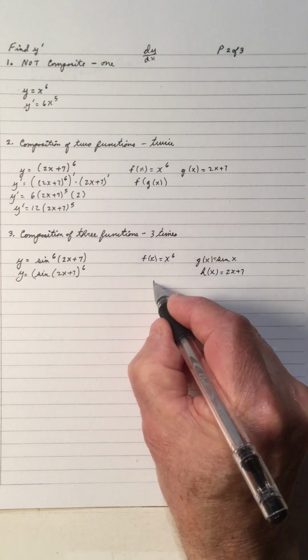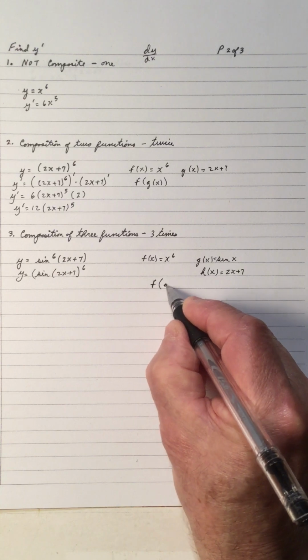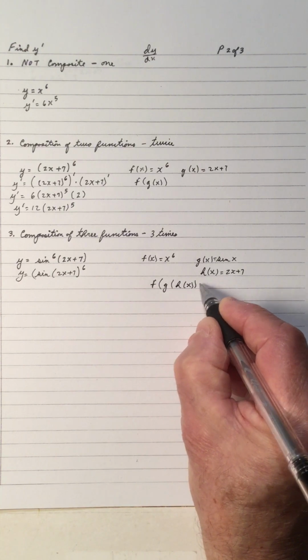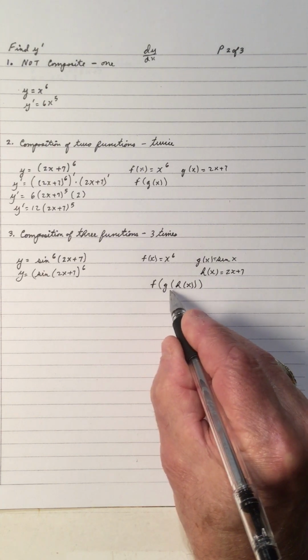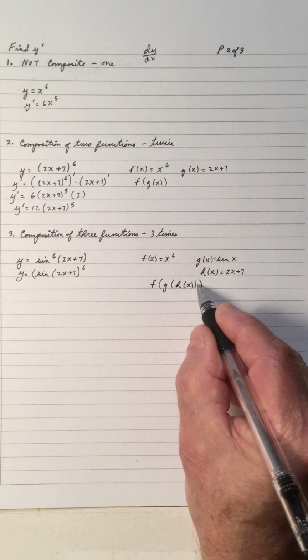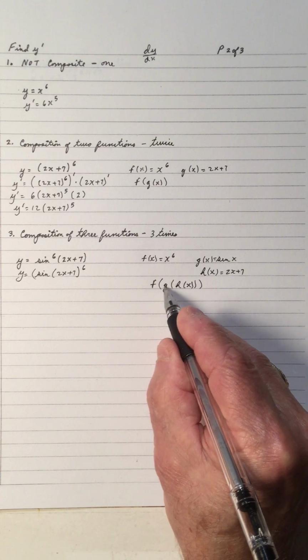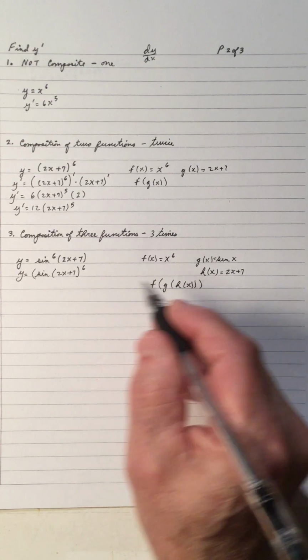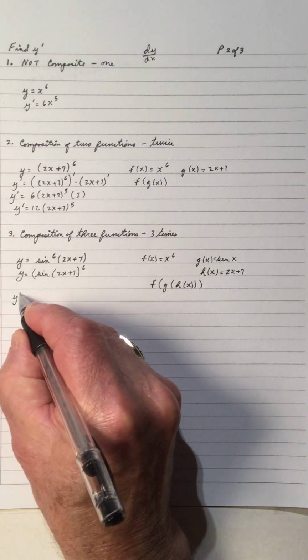So when you do the composite function, you get f of g of h. Notice 1, 2, 3 brackets here, so there's 3 at the end. The h is going into g, which is then going into f. So there's 3 functions.